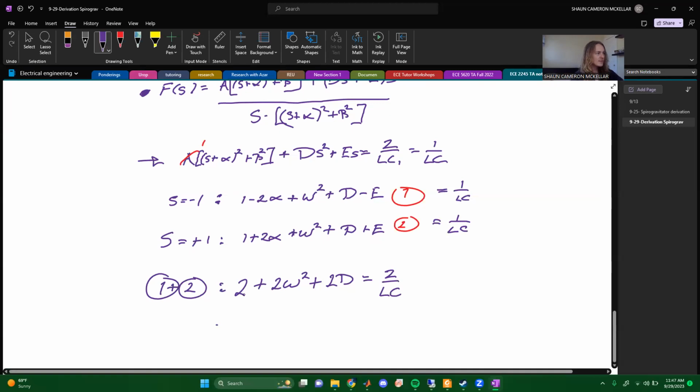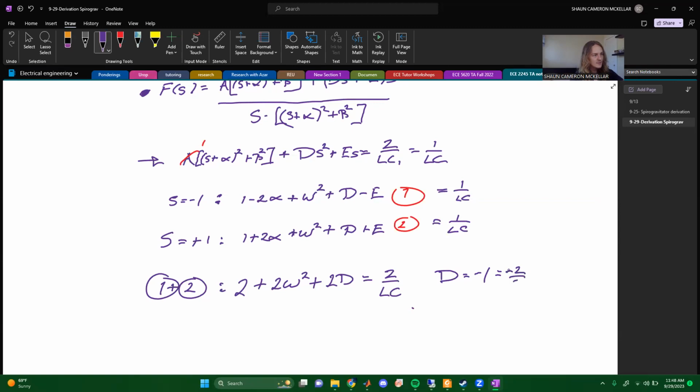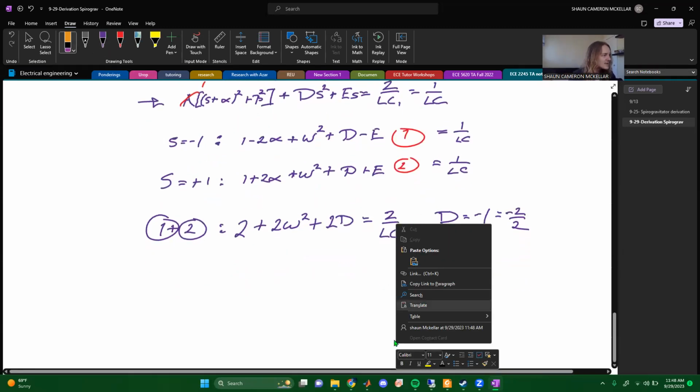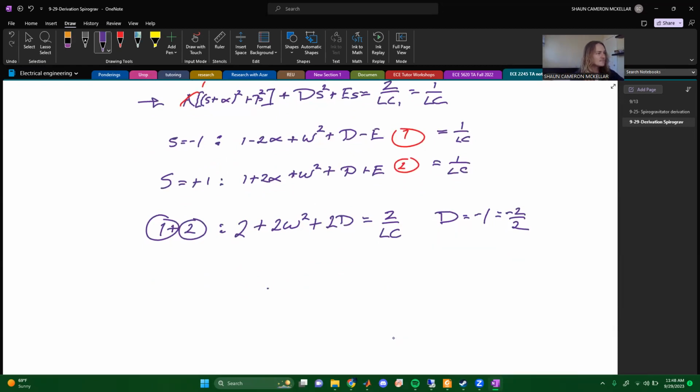So I'll subtract that over and it will cancel. And lo and behold, I got that D is equal to -1. It's -2 over 2. Anyways, so that's how I can get D. You can find E using the same method.